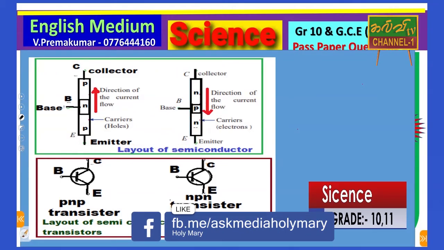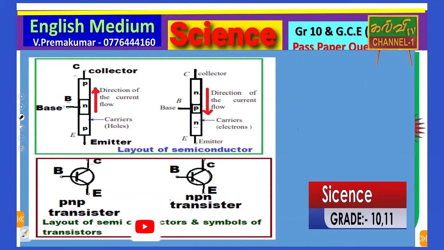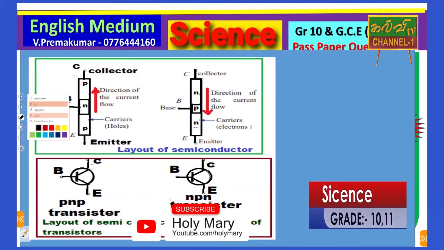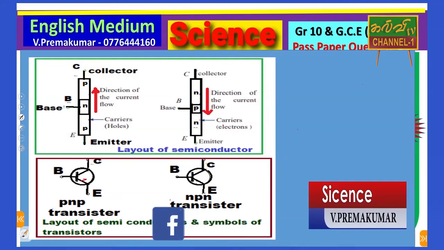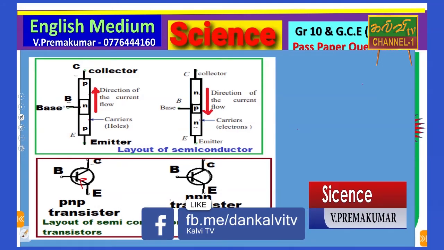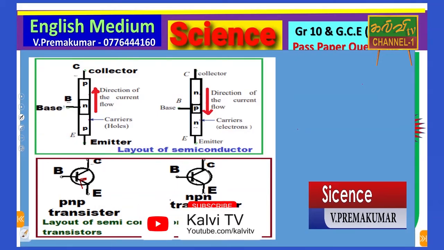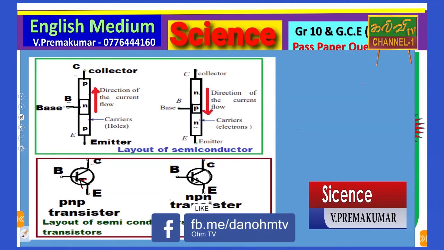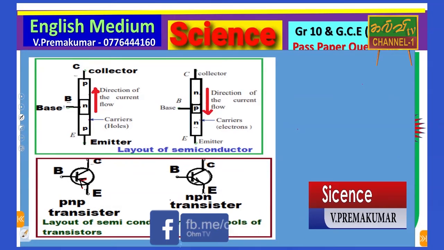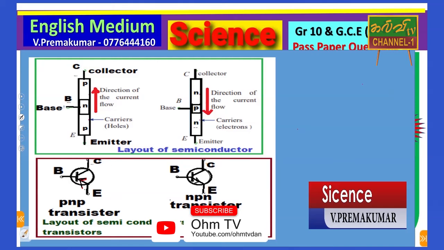For a PNP transistor, B, E and C. But we should note the arrow mark very carefully. Through the arrow mark only we can find out which kind of transistor it is. In a PNP transistor, the arrow goes from E towards B. Okay.